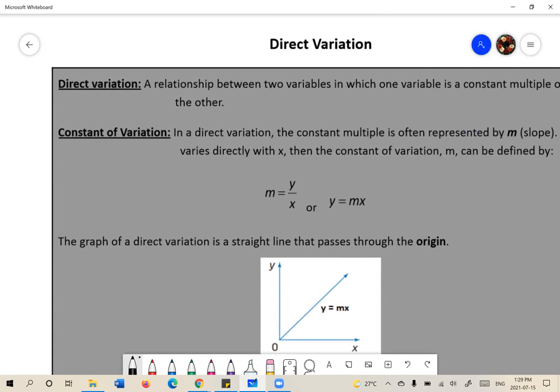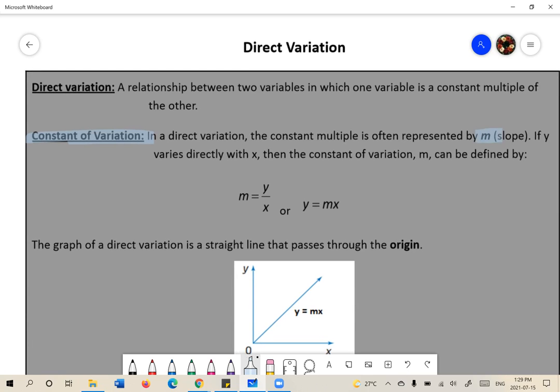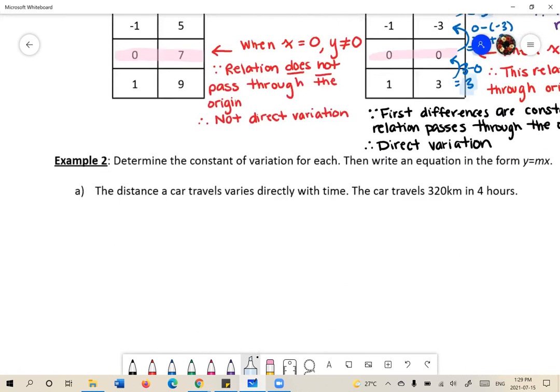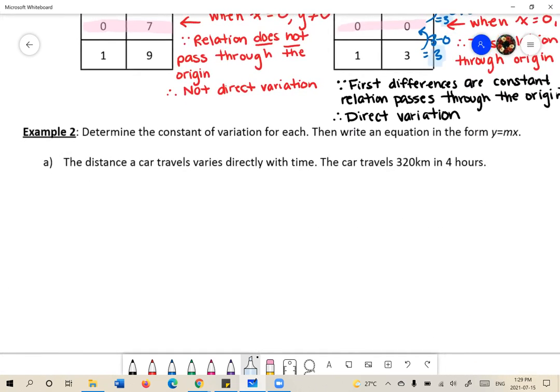And remember up here that the constant of variation is your slope. So here, determine the constant of variation. It's asking us to find the slope. Then write an equation in the form y is equal to mx.